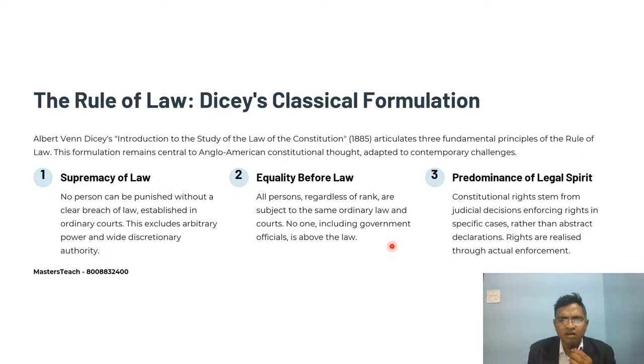No one, including government officials, is above the law. So all are equal before the law. Then predominance of legal spirit: constitutional rights stem from judicial decisions, enforcing rights in specific cases rather than abstract declaration. So rights are realized through actual enforcement. These are the three rules of Albert Venn Dicey. This you have to remember.